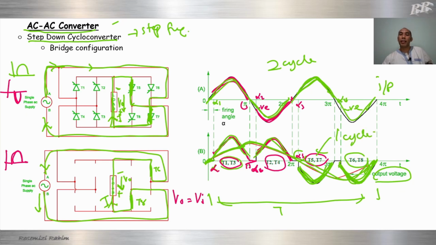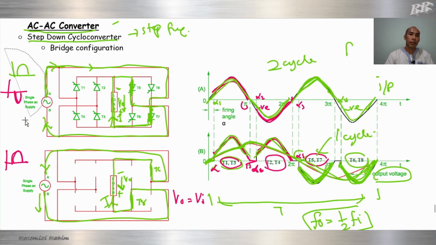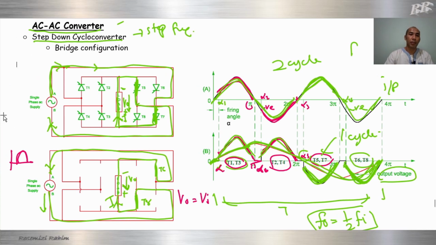So that means our F out is equal to half of the input. Input 2 cycles, output just 1 cycle. Okay. Let's say this is our input. 2 cycles.